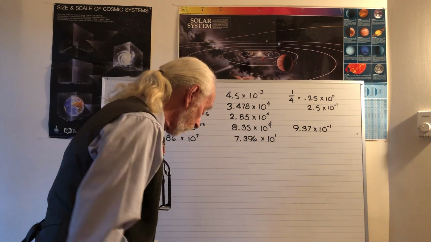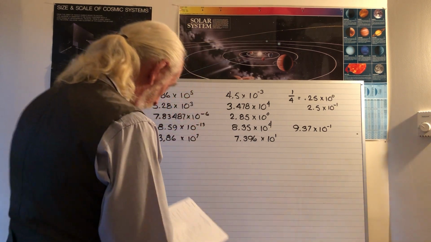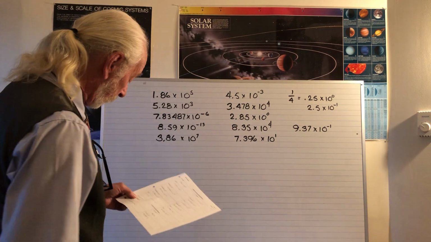Then we have some numbers to convert into standard notation. The first one is 1.36 times 10 to the 3rd.